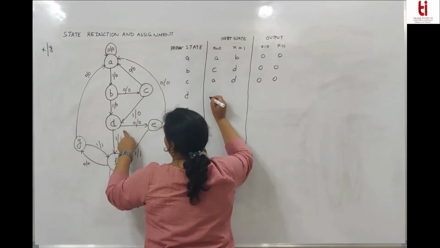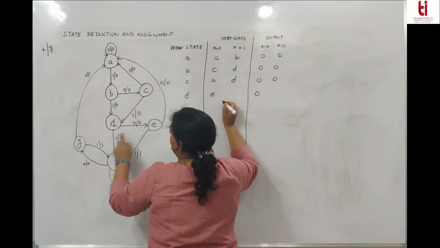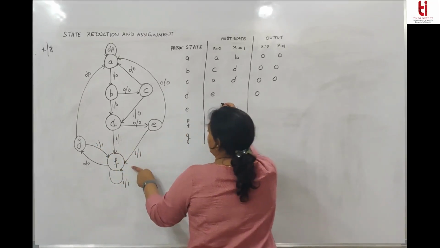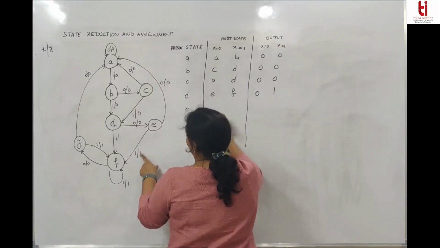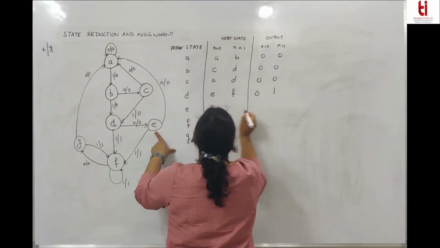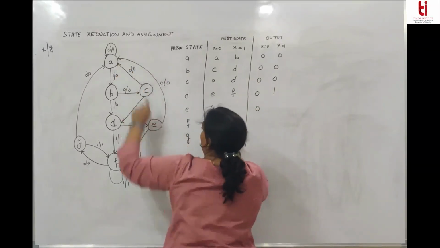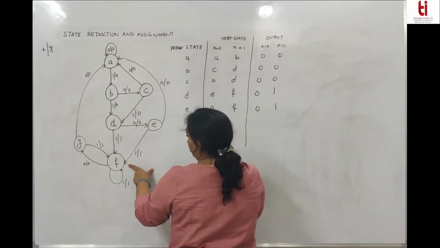From D, for x equal to 0, it goes to E, output is 0. For x equal to 1, it goes to F, output is 1. From E, for x equal to 0, it goes to A, output is 0. And for x equal to 1, it goes to F, output is 1.